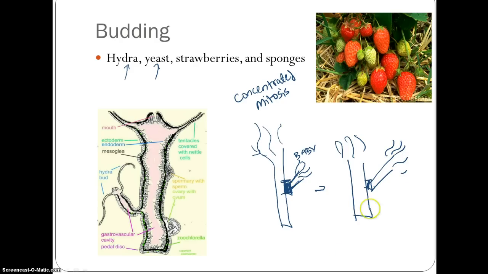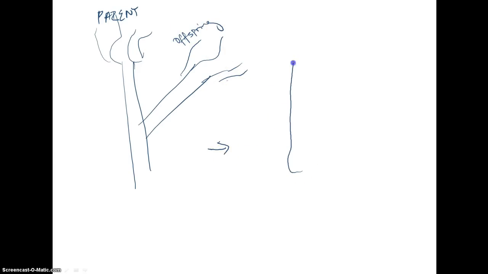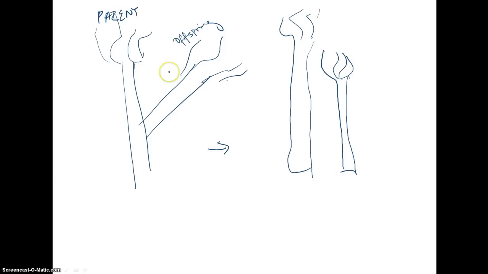So we end up with a parent hydra and an offspring hydra, and it gets so large, and we end up with two hydra. This hydra just falls off and starts to grow on its own. So that is known as budding.